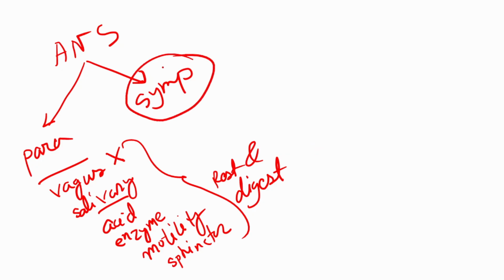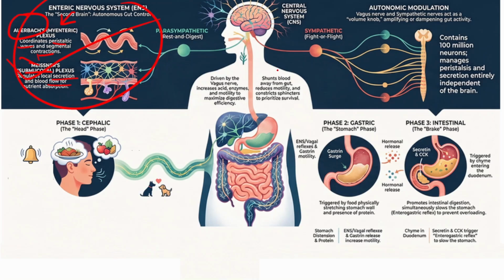Now, the sympathetic nervous system does the opposite. It is the fight or flight system when you are under threat or intense stress. The sympathetic division shunts blood to the skeletal muscles. As the sympathetic nervous system shunts blood away from the gut to skeletal muscles, the blood supply to the GIT reduces. The sympathetic division also dilates the pupil, accelerates the heart, and suppresses everything that is not immediately necessary for survival.